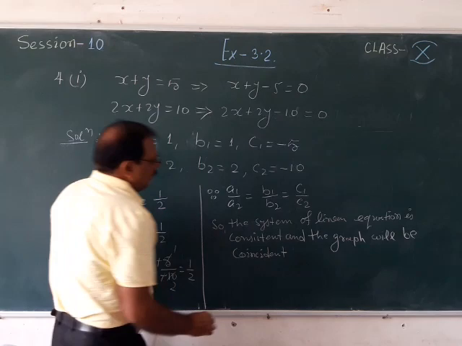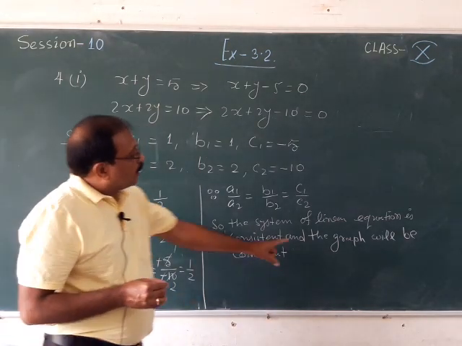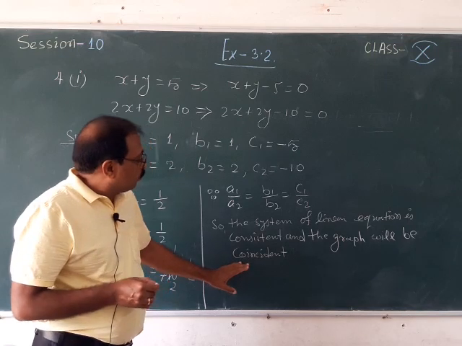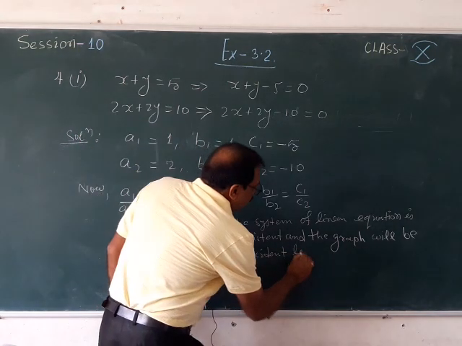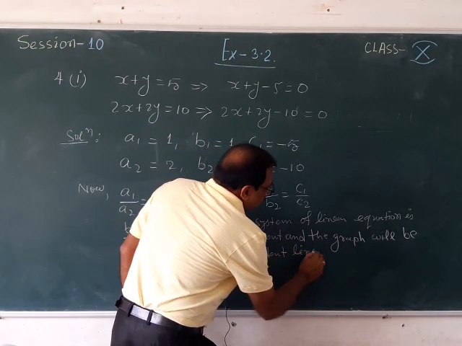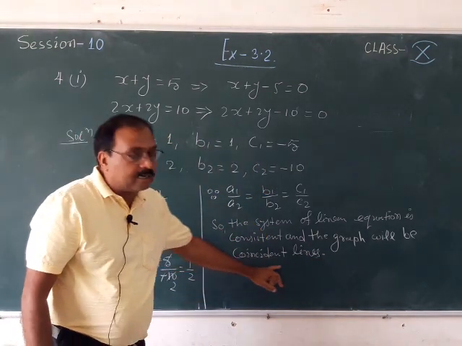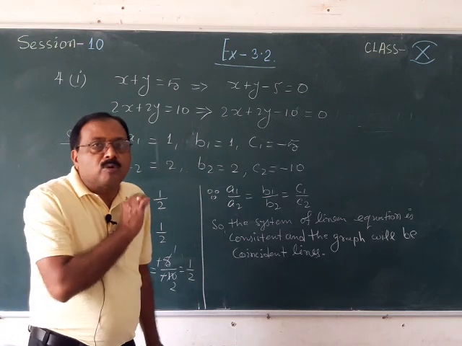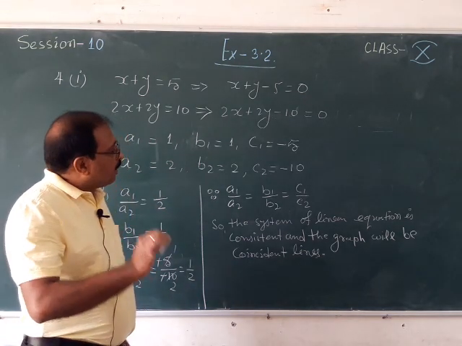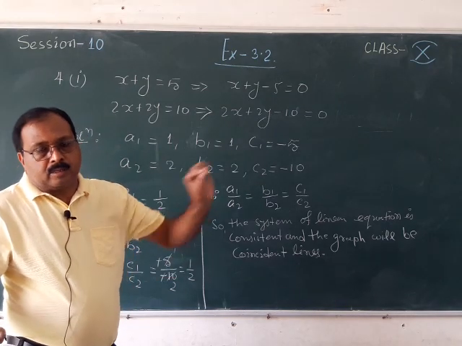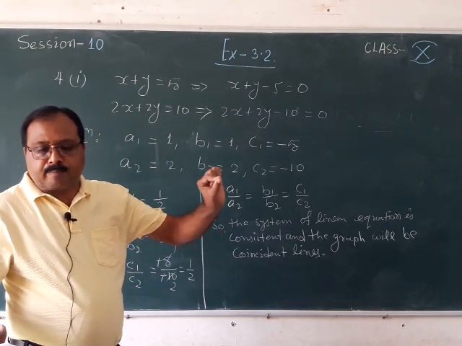Coincident means dependent. Here the graph will be consistent and the lines will be coincident lines. That means the lines will be overlapped. The graph will pass along the same path.